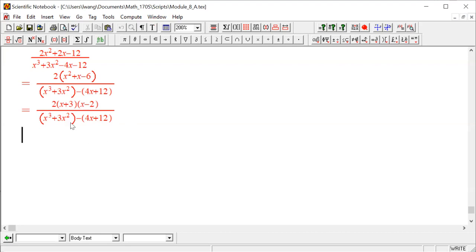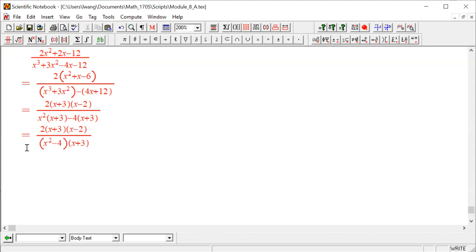But on the bottom, we can factor out the x squared, and we put the x squared over here. In these two, we can factor out the 4, and 12 divided by 4 is 3. Furthermore, between the two terms in the denominator, we can factor out the x plus 3.